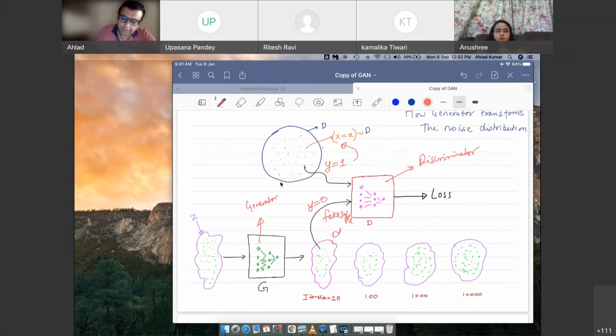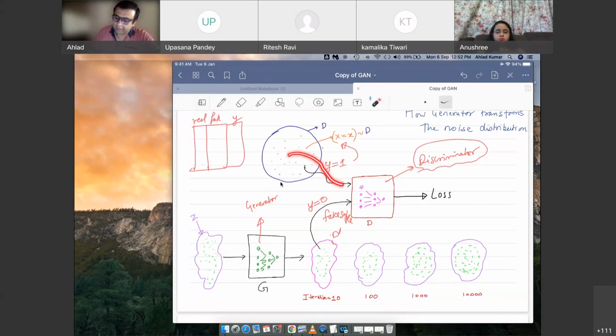So now you have a training sample where you have real data set and fake data set along with the labels. So now the task of discriminator is to discriminate between these two branches. This is a real one and this is the fake one.